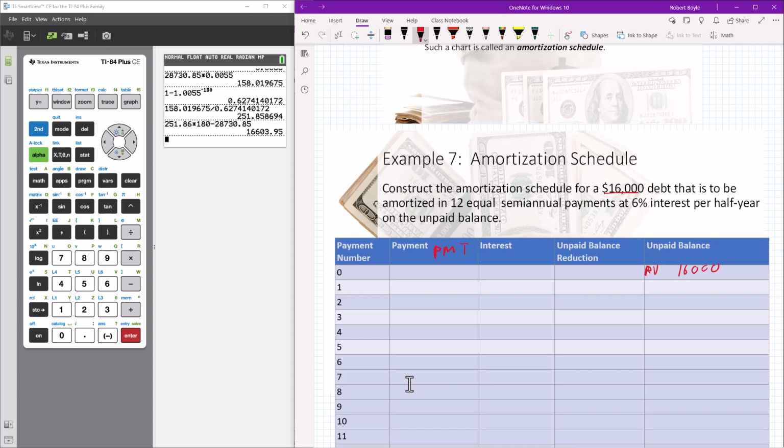And of course, that requires using our amortization formula. PMT is equal to PV times I divided by 1 minus the quantity 1 plus I to the negative n power. Okay, now here they've given us n. It is 12.